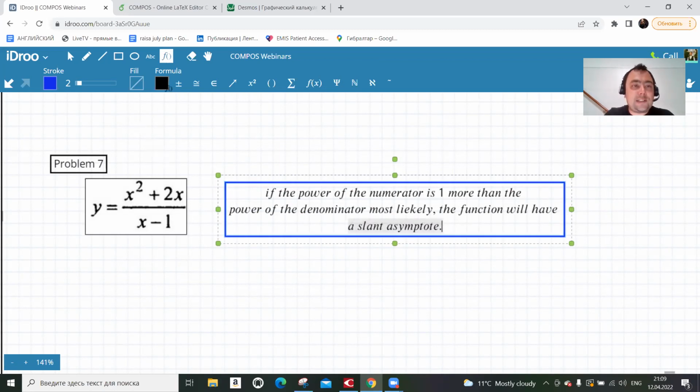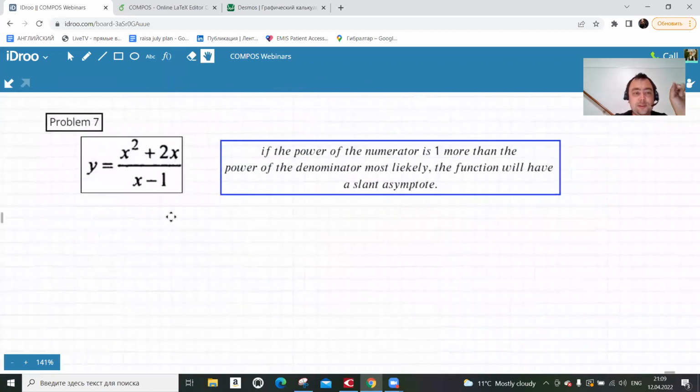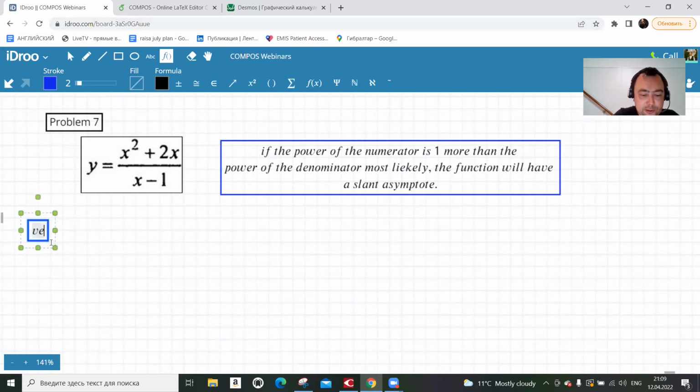There are two ways to find slant asymptotes. So on this question, we'll just focus on the slant asymptotes. It has a vertical asymptote. Please write down the equation of the vertical asymptote, just so that I understand that you're on the same page as me.